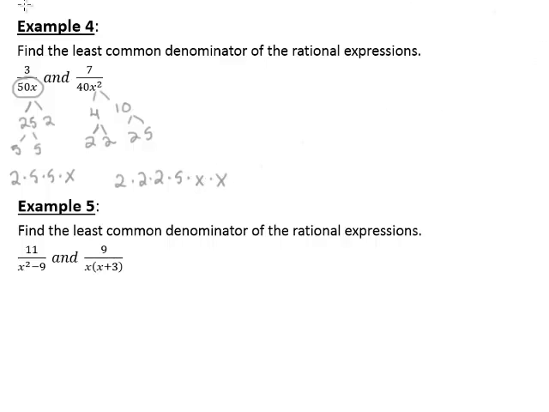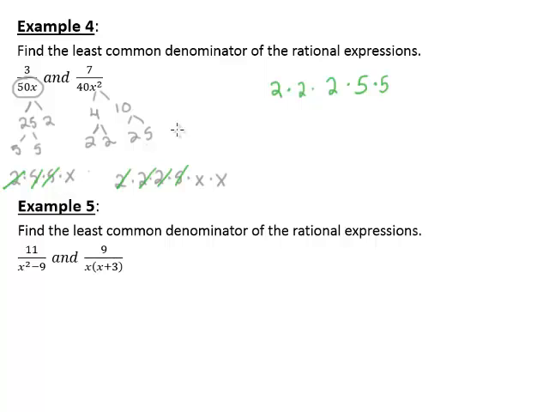So we need for our common denominator a 2, okay? We need a couple more 2's from the second thing. We need a 5, because they both have a 5, but we need another 5 as well.